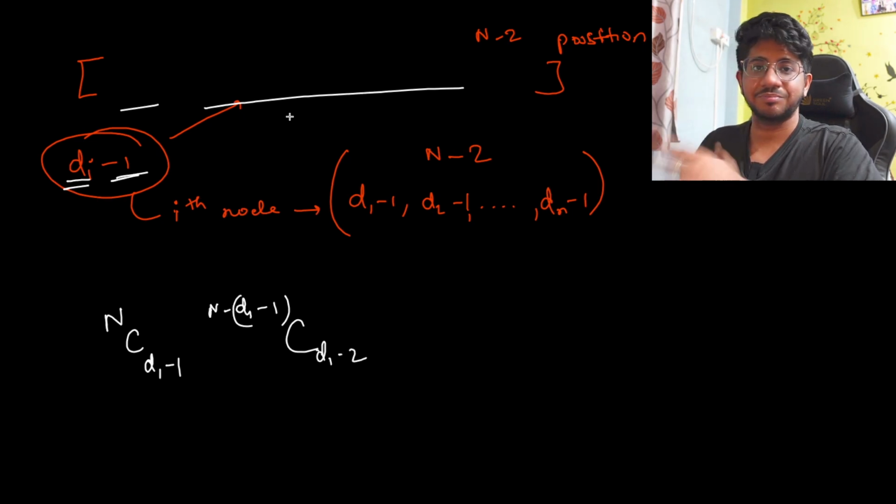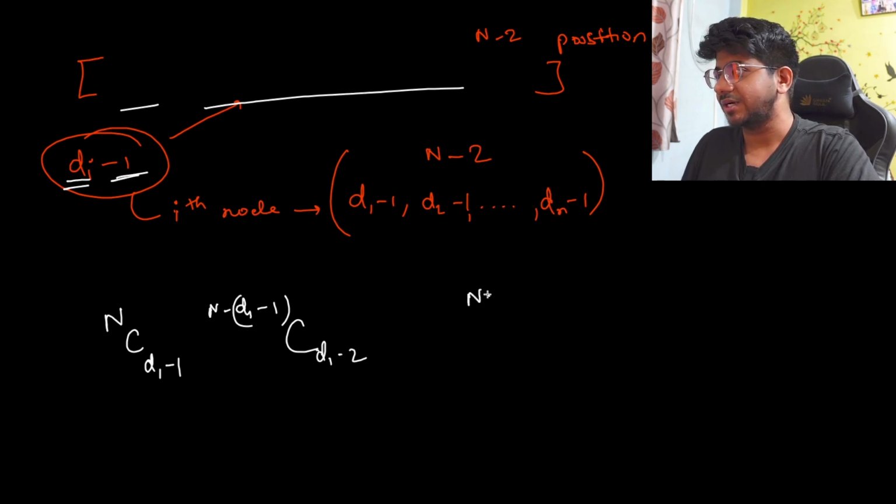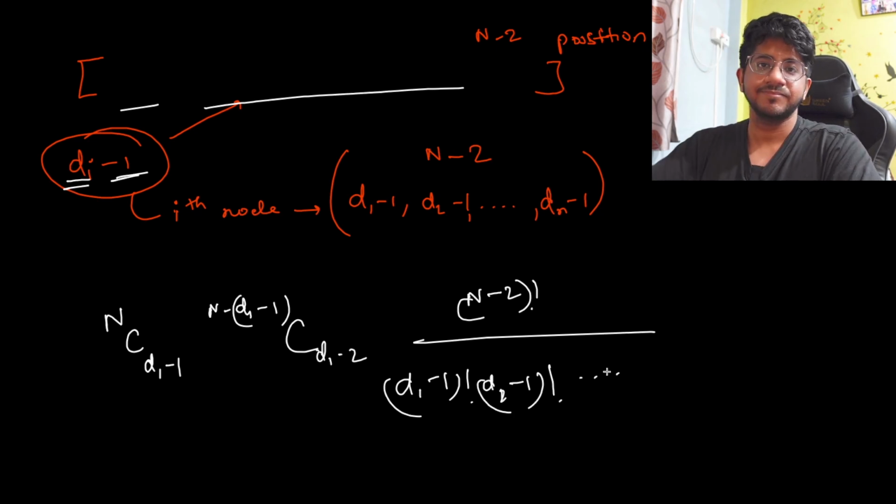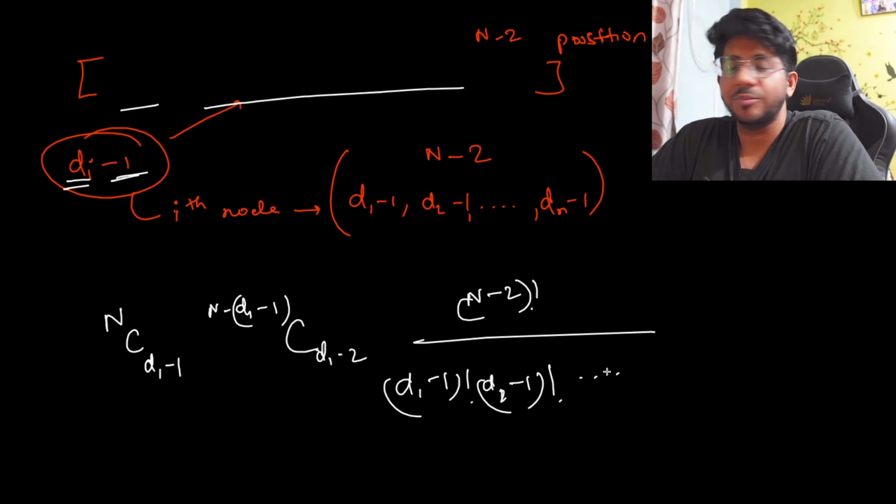So just permute them. There are d1 minus 1 number of ones, d2 minus 1 number of twos, and so on, and the number of ways to create the array is nothing but n minus 2 factorial divided by d1 minus 1 factorial, d2 minus 1 factorial, and so on. Right? That's the general combinatorial formula for that.